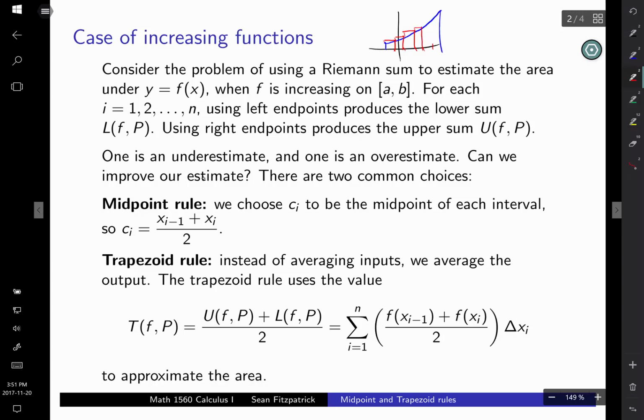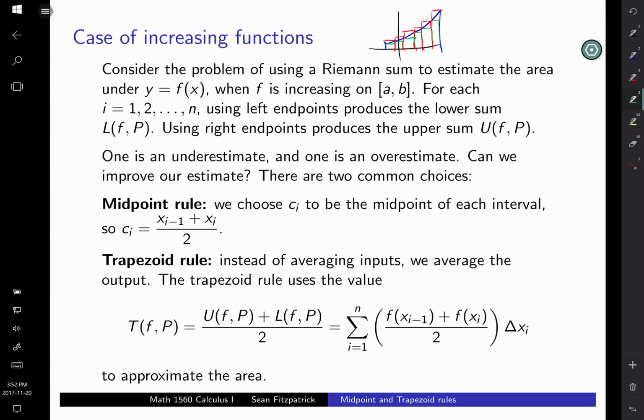Each rectangle is above the graph. On the other hand, if I were to use left endpoints, well then I get an underestimate, and the estimate that I get is too small. The true area lies somewhere in between the underestimate and the overestimate.